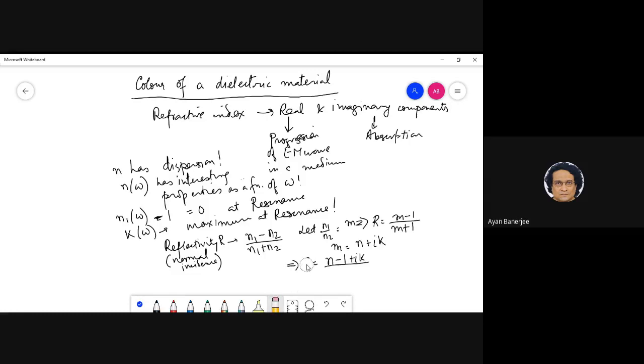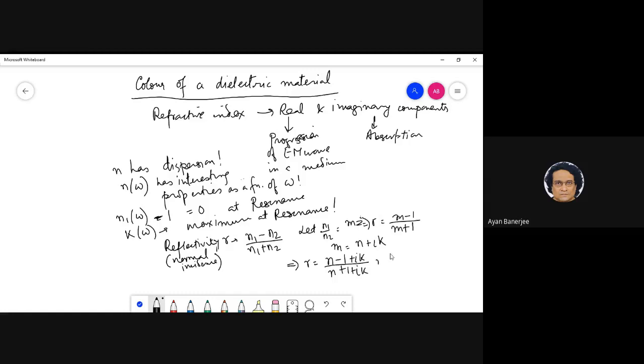The reflected intensity should be capital R.